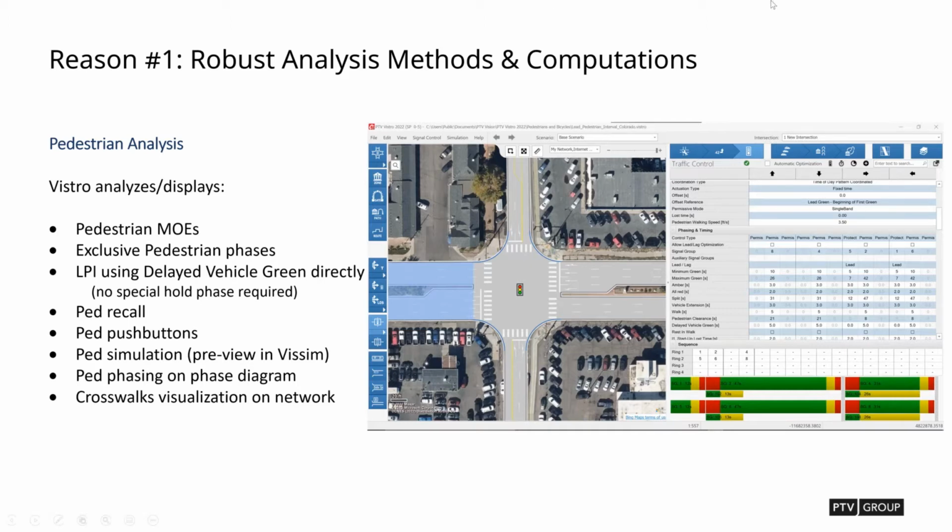Also in our phasing diagram, as you'll see here, it can visualize the leading pedestrian interval, which we call a delayed vehicle green, that you can enter directly in the traffic control table in Vistro.